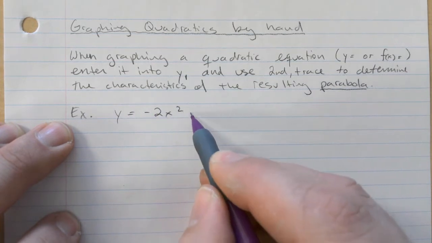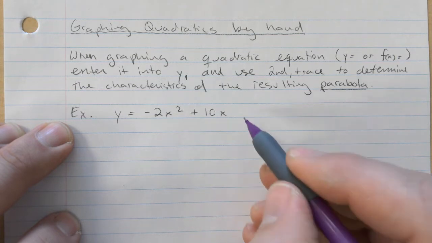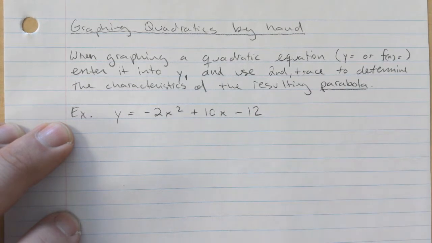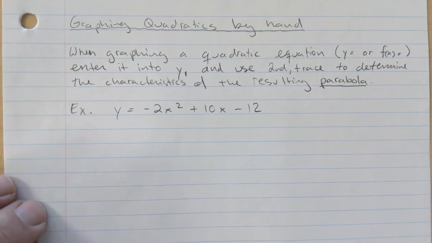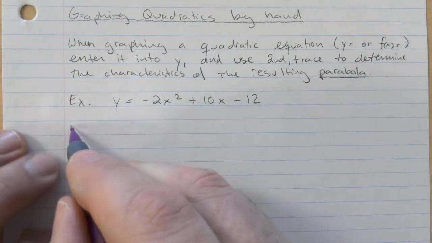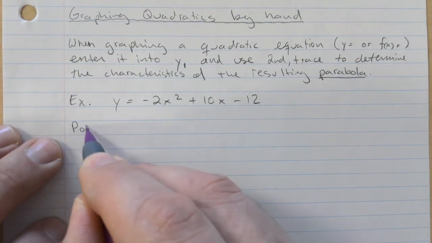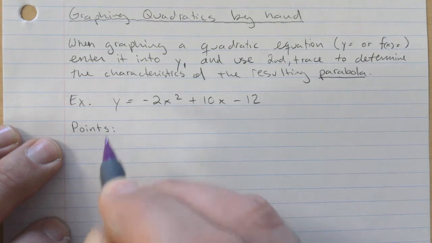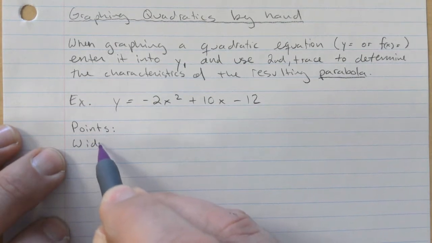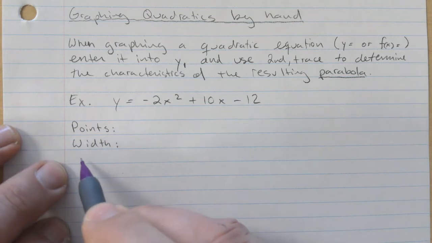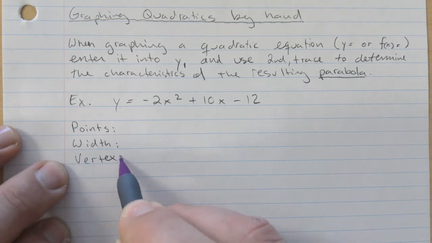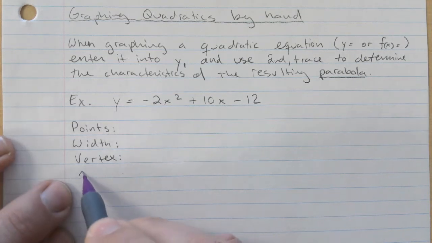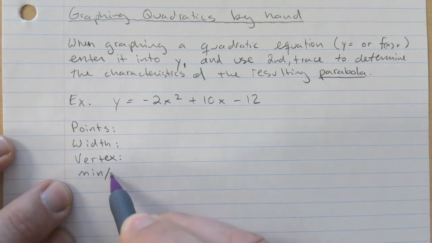Negative 2x squared plus 10x minus 12. And I'm going to just, in general, have points, width, vertex, min or max.